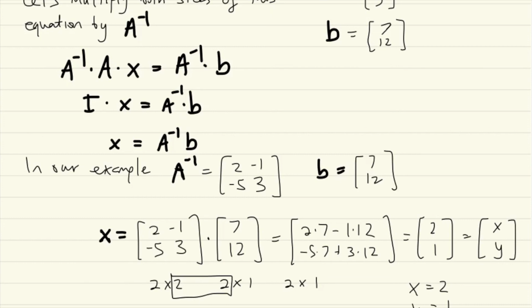And once you do the arithmetic, you get 2 and 1, and so that's what our X is. Remember, X was this vertical vector of x and y, and so x is equal to 2, y is equal to 1 is our solution to the system of equations.